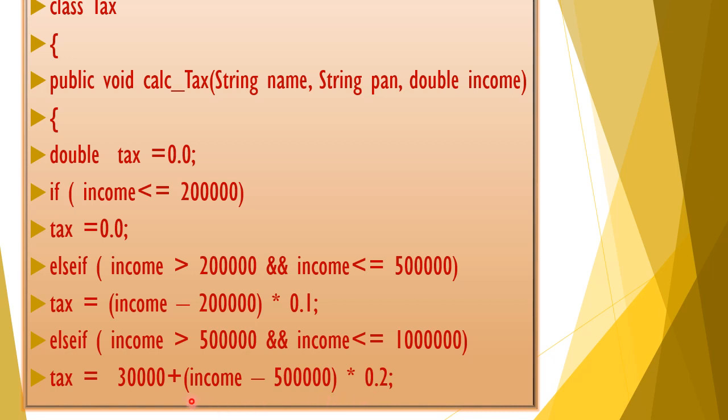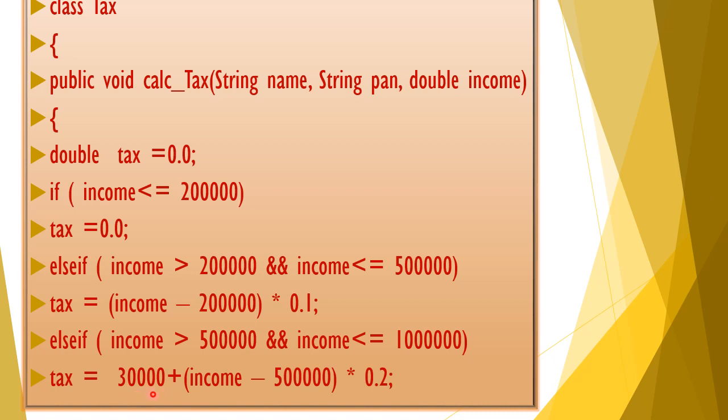Here, if the income is more than 5 lakh, the tax to be paid by the citizen is 30,000. From where do we get the 30,000? As we have seen in the question, from 2 lakh to 5 lakh, the tax rate is 10%. So from 2 lakh to 5 lakh there is 3 lakh. So 10% of 3 lakh is rupees 30,000.